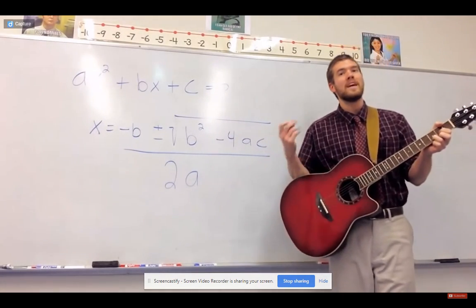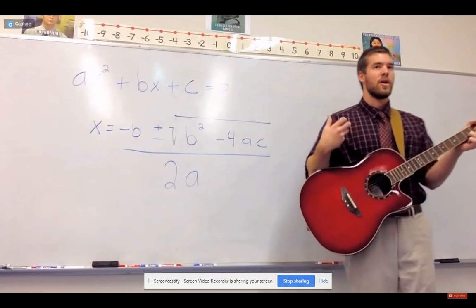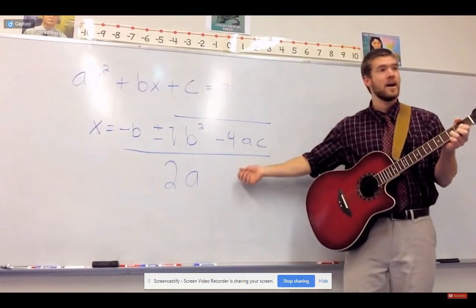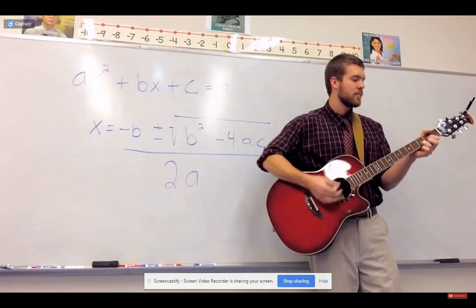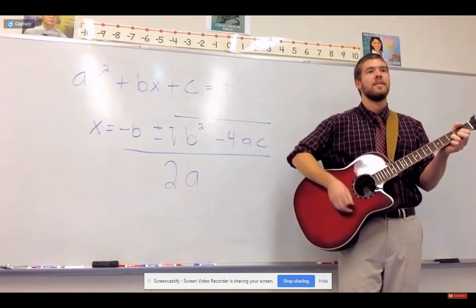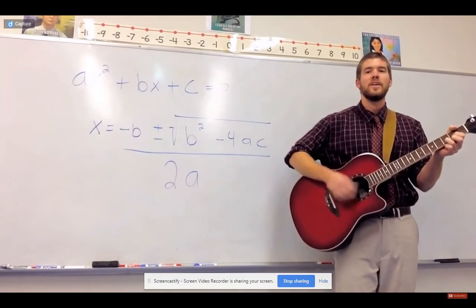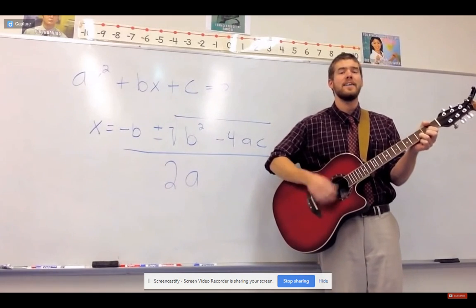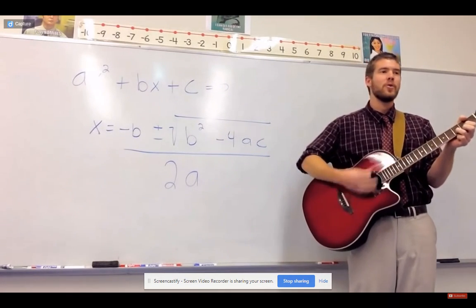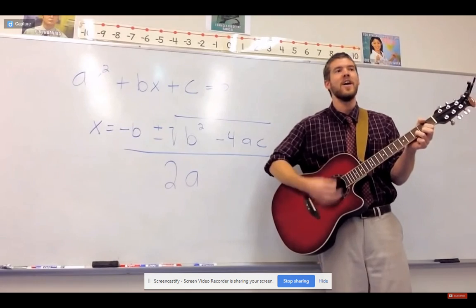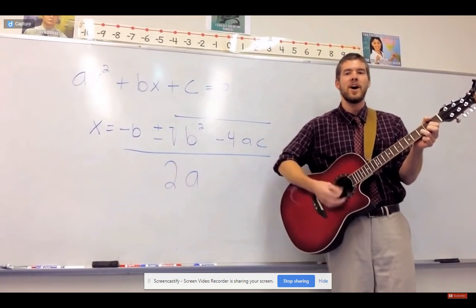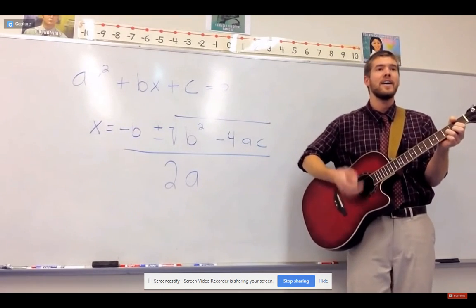Good. So if we use that same chorus, we can sing the quadratic formula right here behind me. Negative b plus or minus the square root of b squared minus 4ac all over 2a.